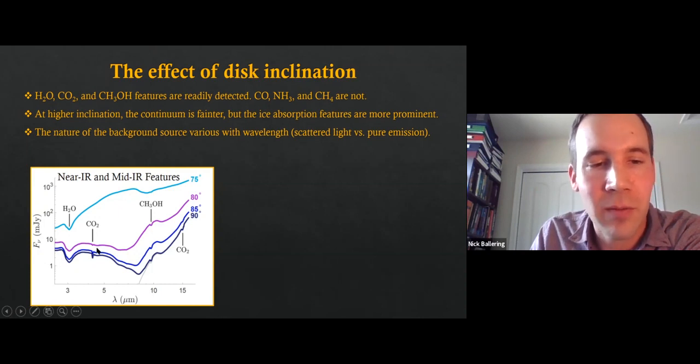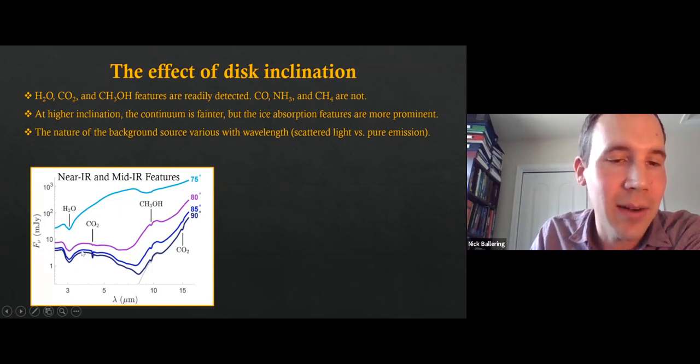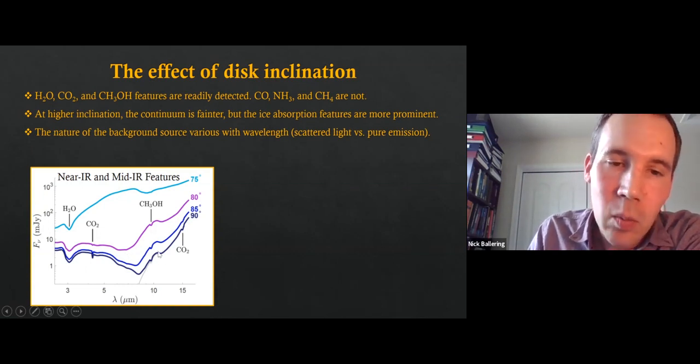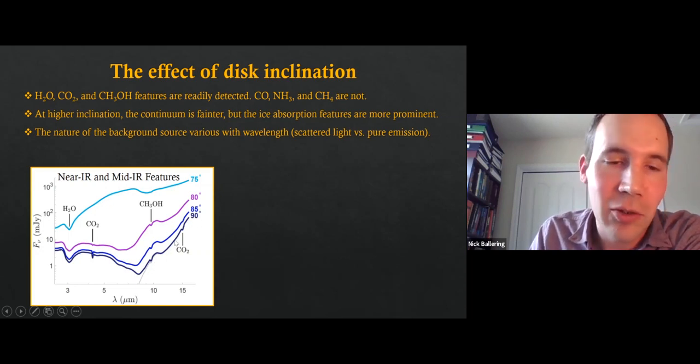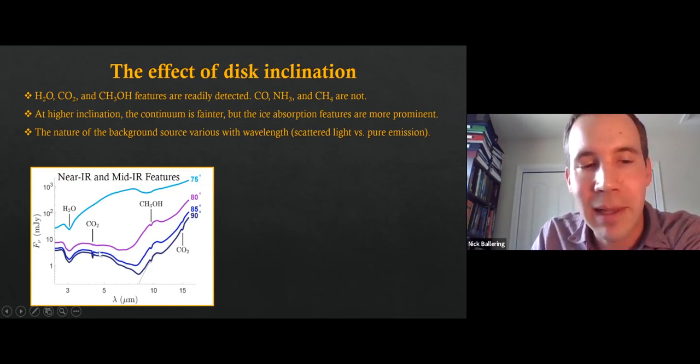And so all of this flux here is due to light that was first scattered and then passed out of the disk. At longer wavelengths, this continuum is due to direct thermal emission. What that means is that the background radiation source that we're seeing these features through is very wavelength dependent.